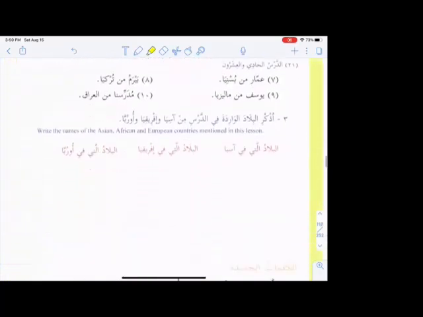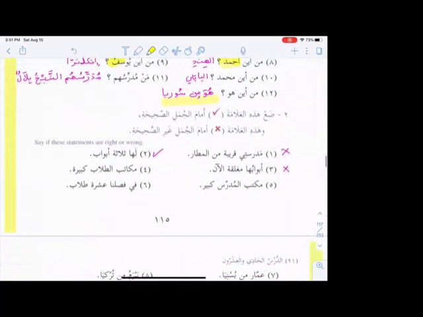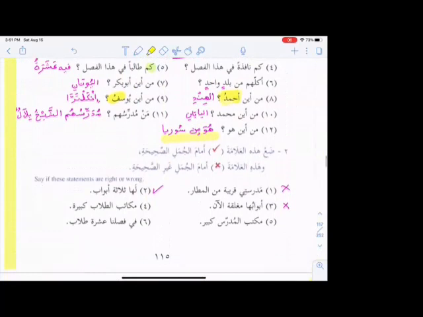Now this, you just have to understand, this is for our understanding. Abwabuha mughlaqatun. This is not correct. They are maftuhatun. Makatibu tullabi kabiratun. No. The desks of the students are small, not big.